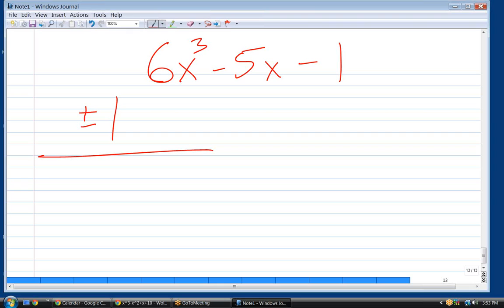What is a list of all my possible denominators? Plus or minus 2, plus or minus 3, plus or minus 1, and plus or minus 6. So now, what is a list of all my possible rational zeros?